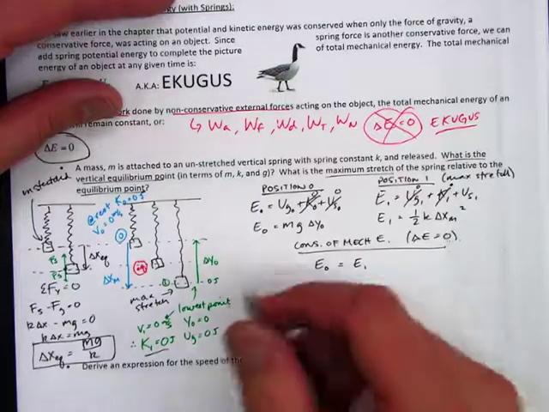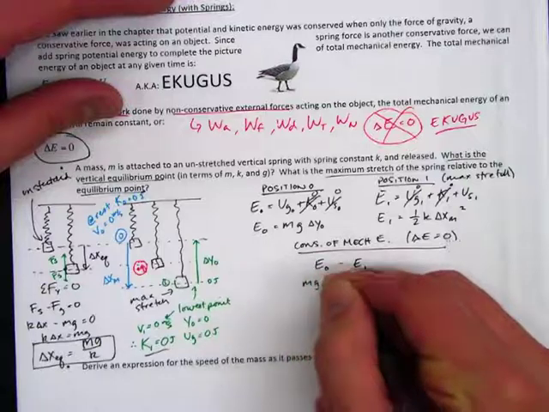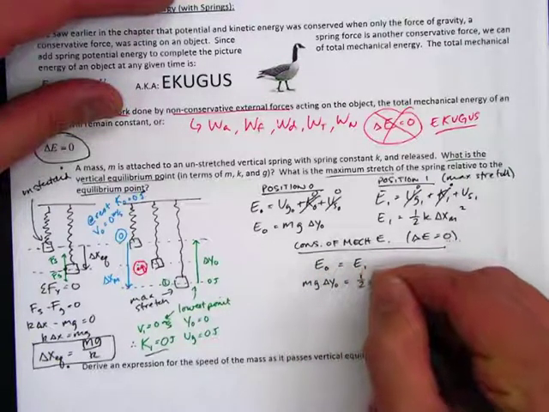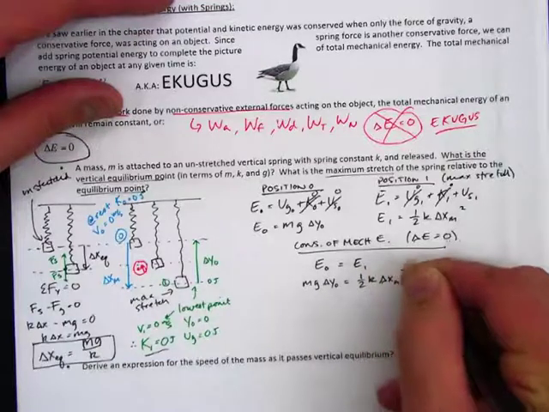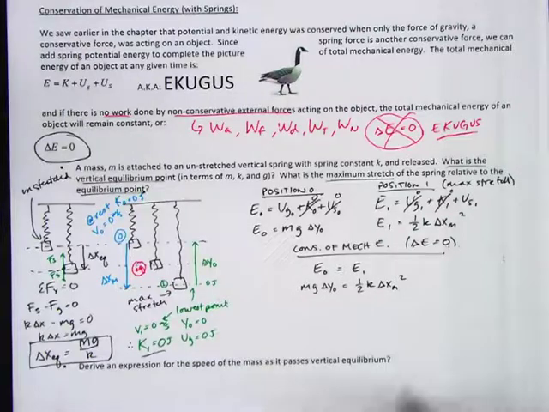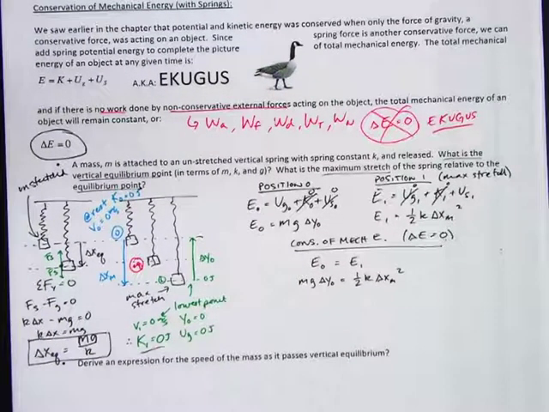And so I have my initial mg delta y naught has to equal 1/2 K delta x max squared. Now notice, when you're using Ekugus, there's no mass in my spring potential energy. Therefore, the mass doesn't cancel anymore. So be careful about that.